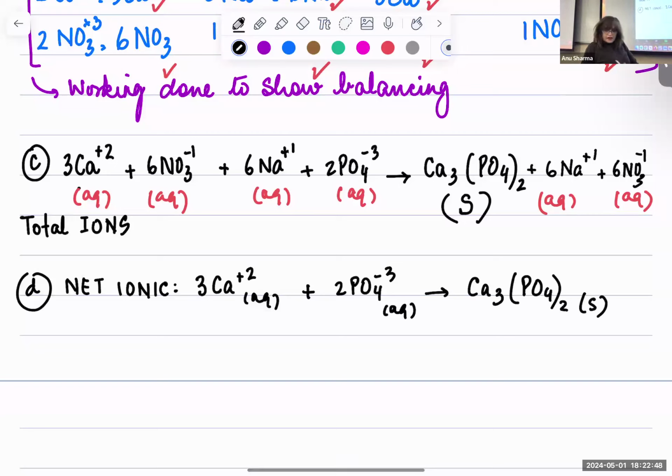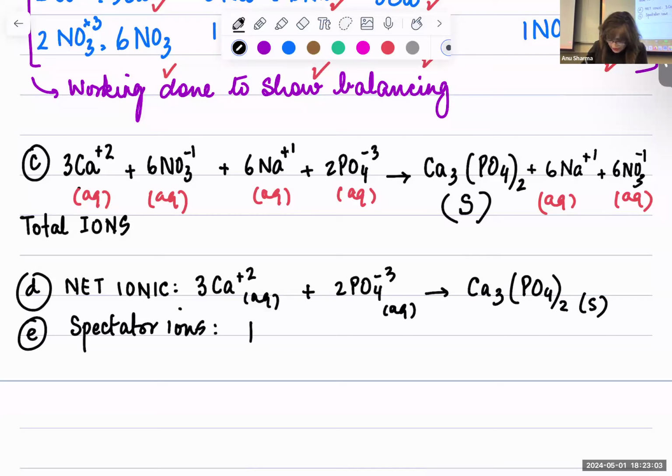Okay. And then what are the spectator ions? The 6 sodiums. The spectators are the ones that do not show the change of state. So we have sodium ion +1 charge aqueous, and then we have nitrate ion, NO3 -1 charge aqueous. But how many? There are 6 sodiums and 6 nitrates.